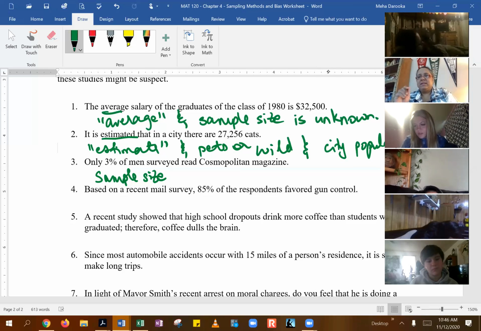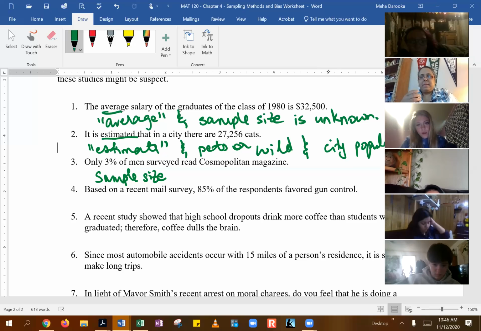What else? Can you think of anything else that could create a bias in this statement? Okay, so Isabel, what do you mean by the magazine? In what sense?